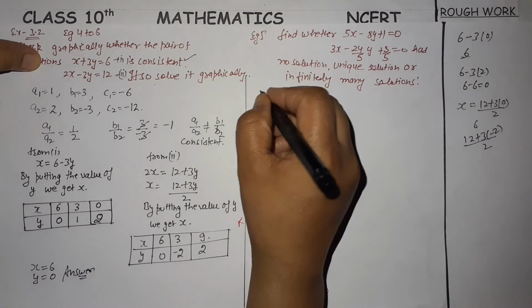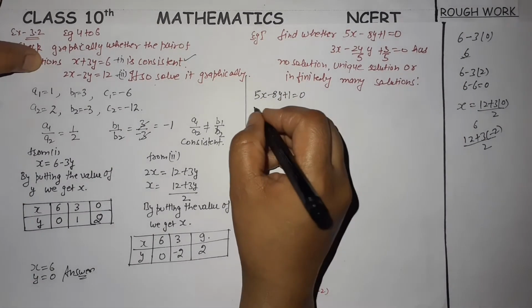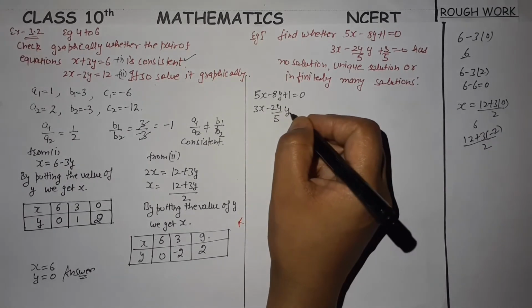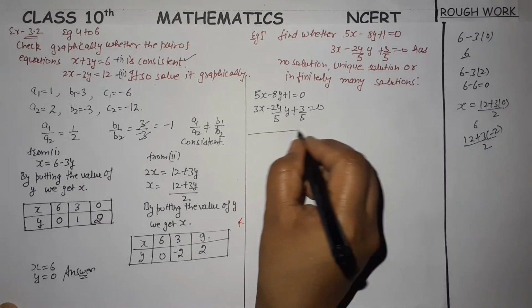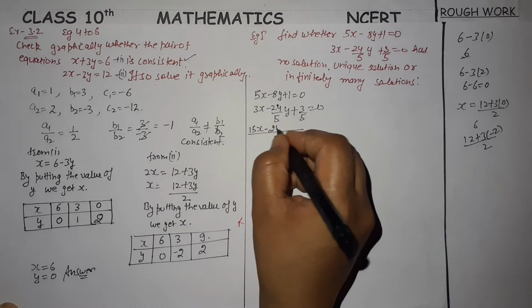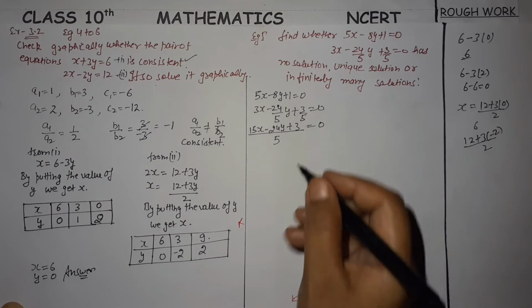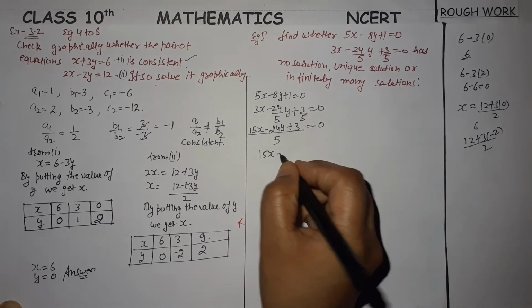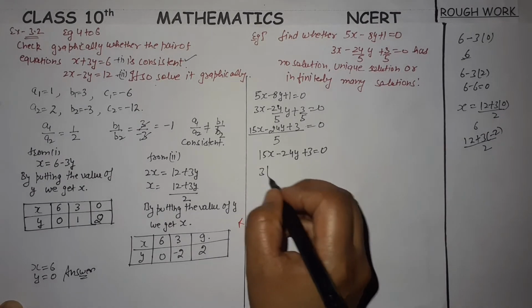Equation number 1, same. Take the LCM of equation 2. When you want to solve the fractional part, you will always take an LCM. Take common 3.